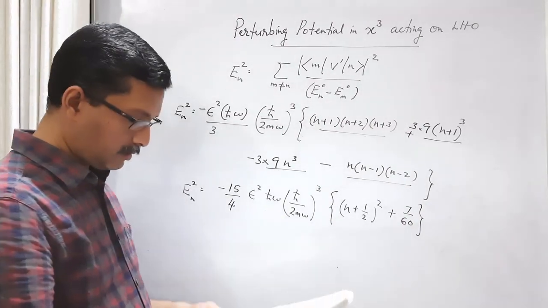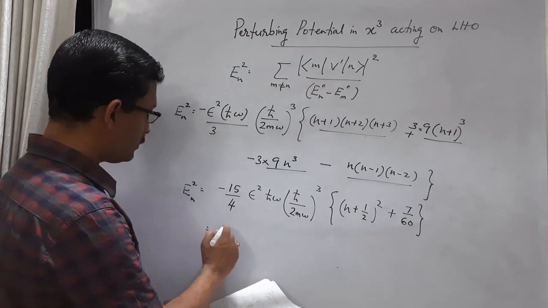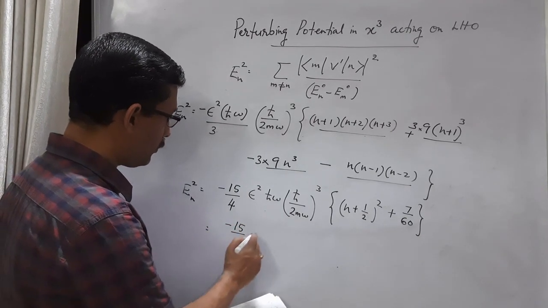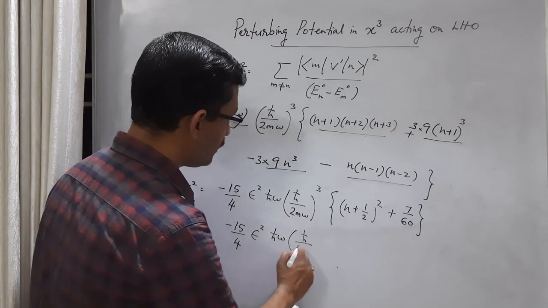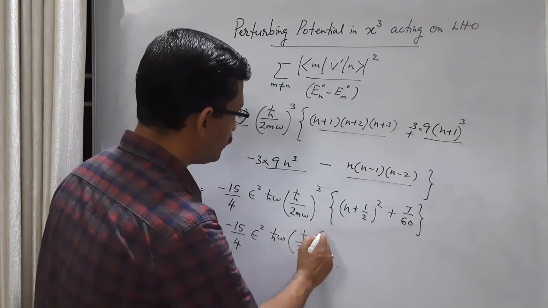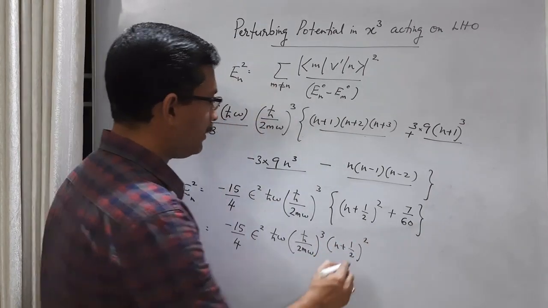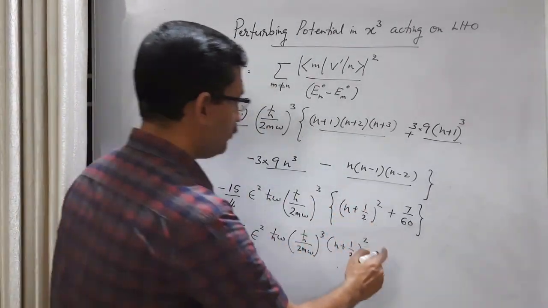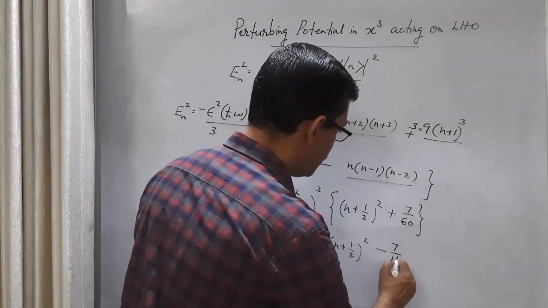You can split up the bracket and write this as: the first term will be minus 15 by 4 epsilon square h cross omega, h cross by 2m omega cube into n plus half whole square. The second term will be minus 7 by 16.